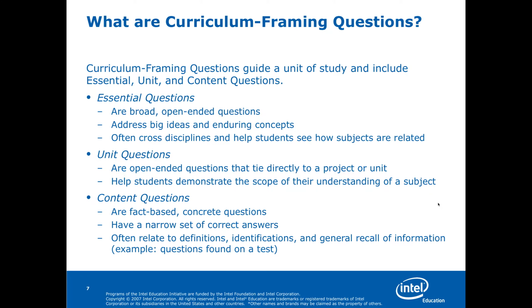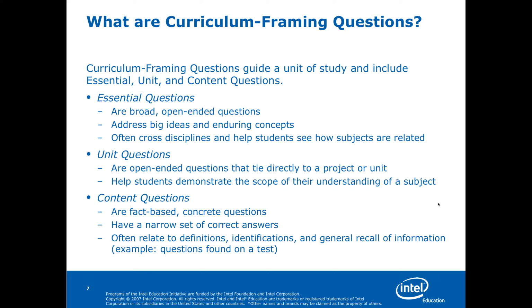One of the things that CFQs do is they guide a unit of study, and they include all three: essential, unit, and content questions. So let's look at those three types. Essential questions are the broad and open-ended questions. These are the big ideas, the big concepts, and they often cross disciplines and help students relate subjects together.